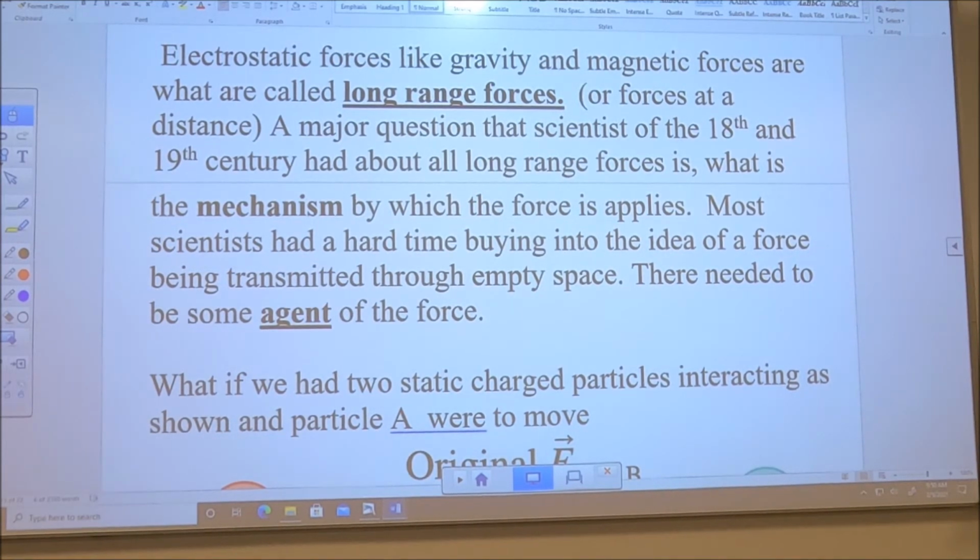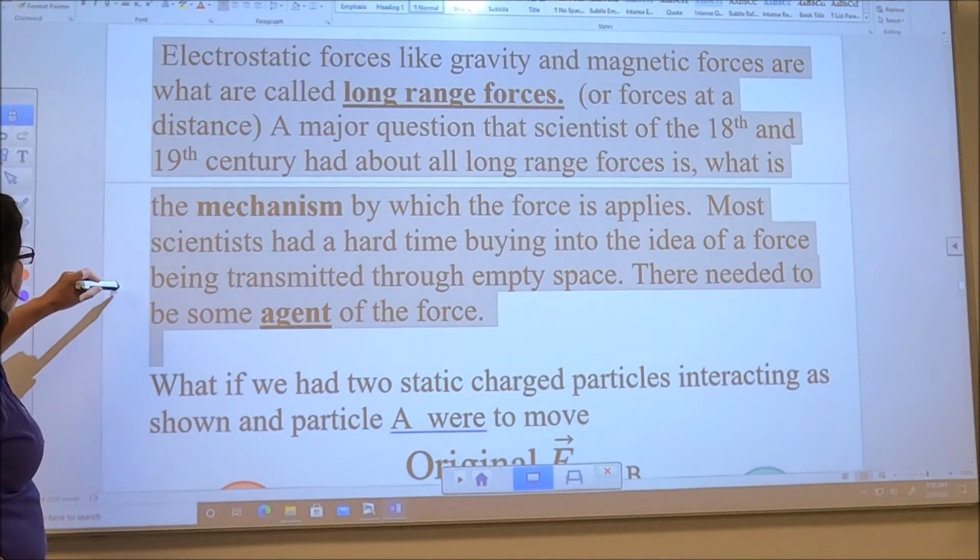Most scientists really had a hard time dealing with this, and especially the idea of a force being transmitted through empty space. Remember, we talked last semester about having an object and an agent. So in this case, they want to know what is the agent of the force.